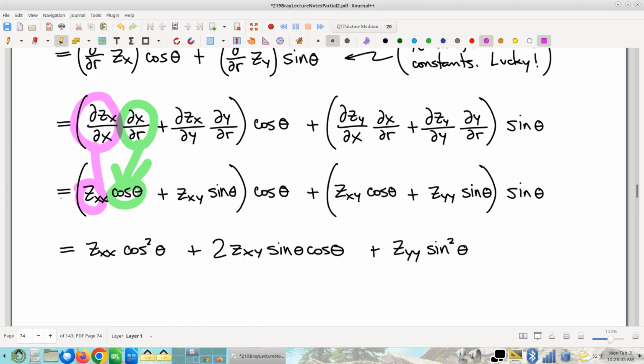Z is a function of x and y, so Zx is a function of x and y, and so we can directly talk about its partial with respect to, take your pick, either x or y. All of that, perfectly fine, no problem. Okay, and then the last step is just some simplification. Collecting terms, that kind of thing. Okay, so there you go.